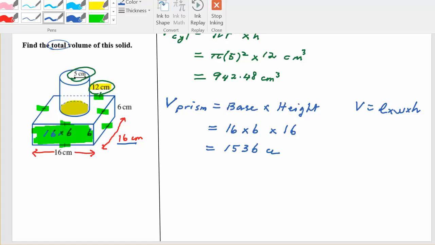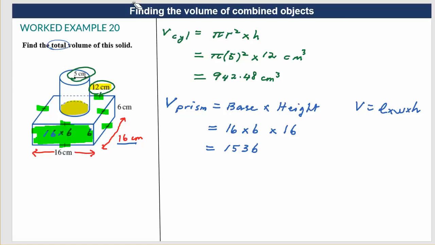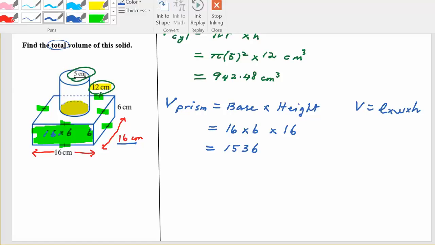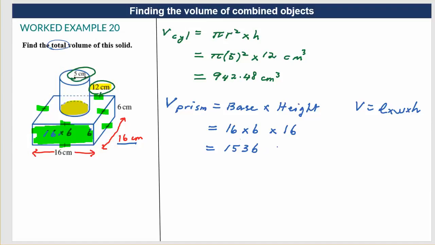Pen's playing up. So the total, I'll just write a little line here, the total is the volume of the cylinder plus the volume of the prism.